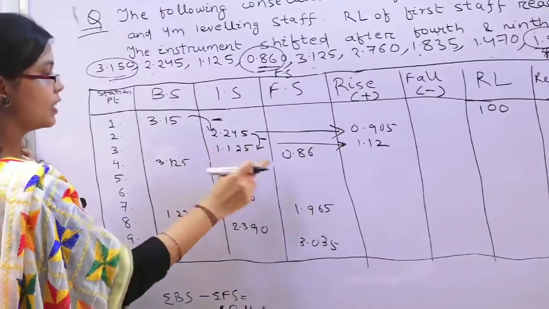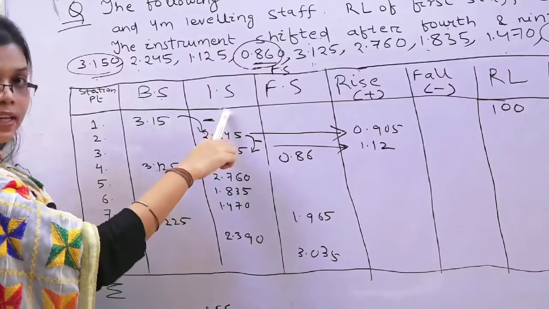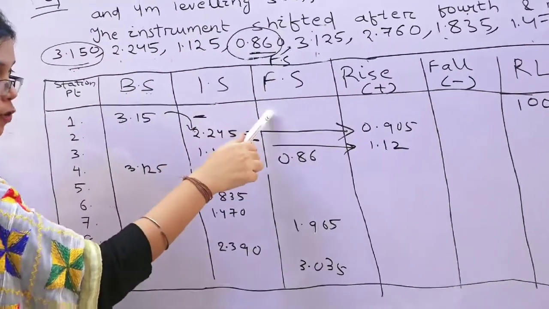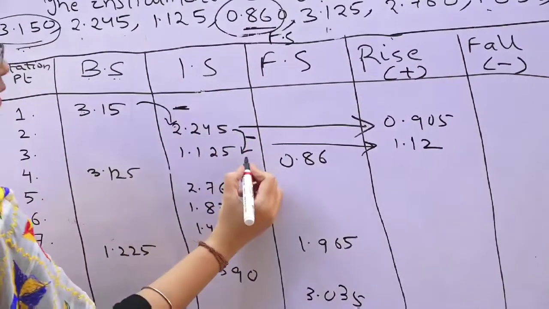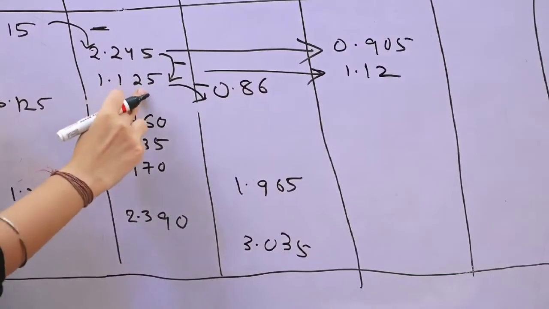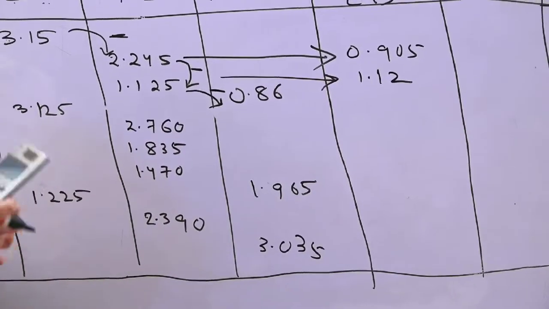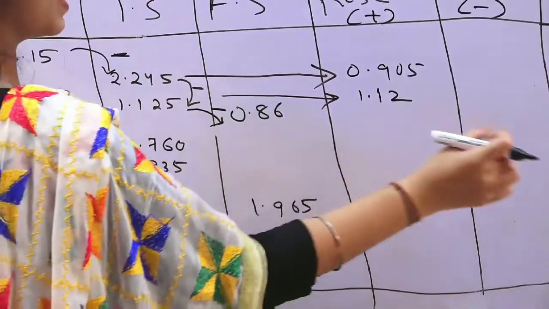Now here in the change point we'll do like this, because after the intermediate side we will get the fourth side, so we'll subtract this from this. 1.125 minus 0.86 will get the value of this rise or fall.